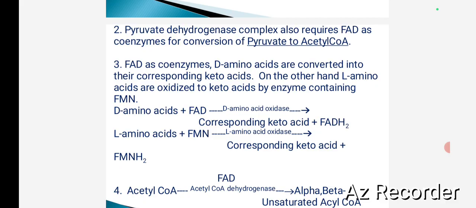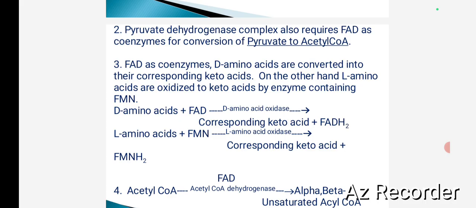Third one, FAD as a coenzyme: D-amino acids are converted into the corresponding keto acids. On the other hand, L-amino acids are oxidized to keto acids by enzymes containing FMN. D-amino acids react with FAD in the presence of D-amino acid oxidase, which produces the corresponding keto acid plus FADH2.